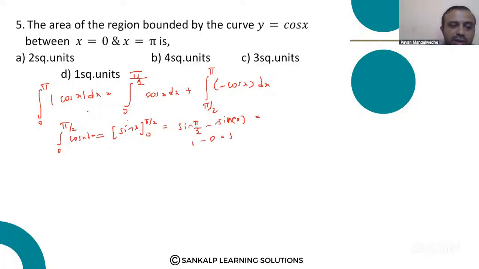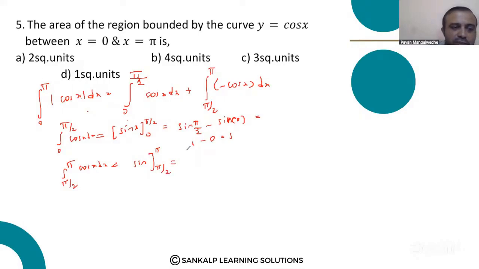Then go to the second half, that is cos x dx from pi by 2 to pi. Again, it is cos x dx. On solving this, it is sin x from pi by 2 to pi.